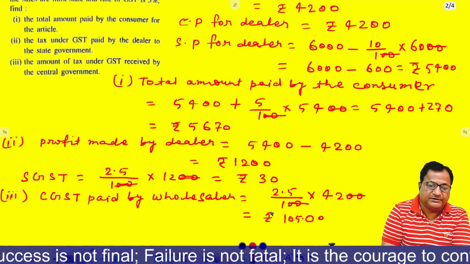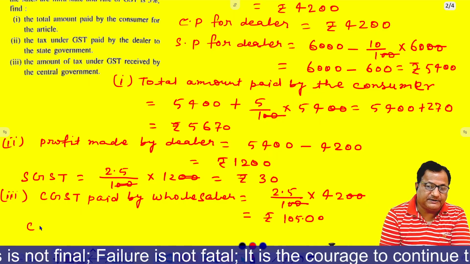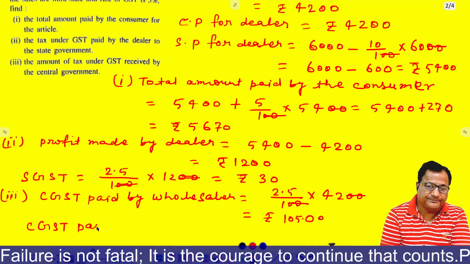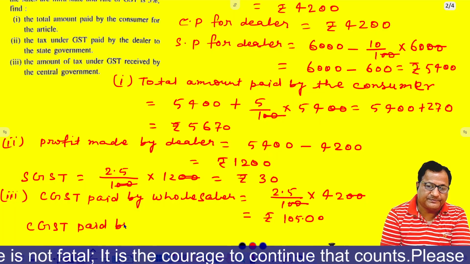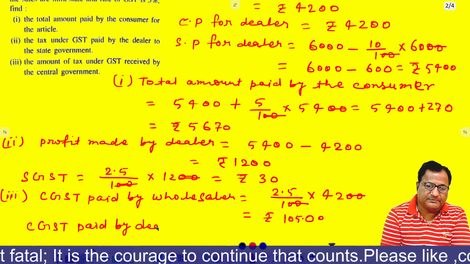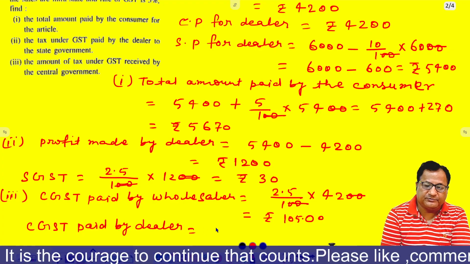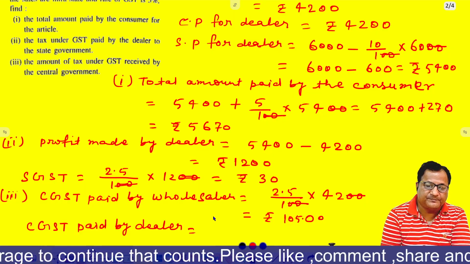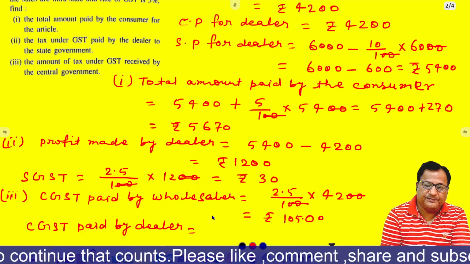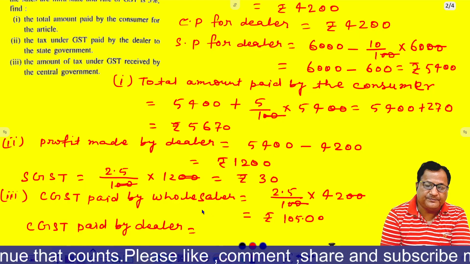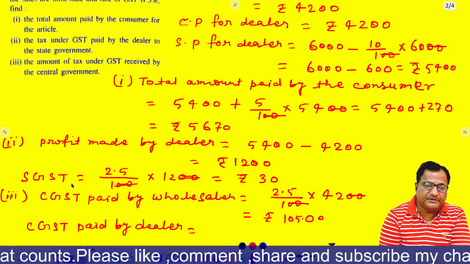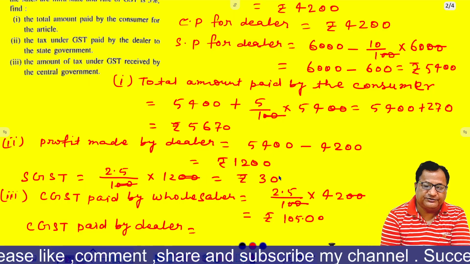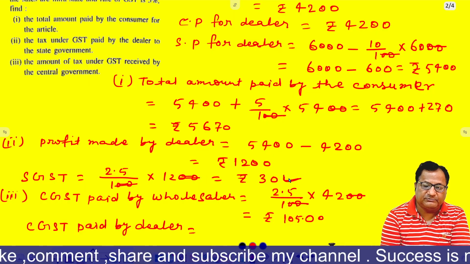CGST paid by the wholesaler and CGST paid by the dealer, this is SGST on the profit made by the dealer, will be equal to rupees 30.